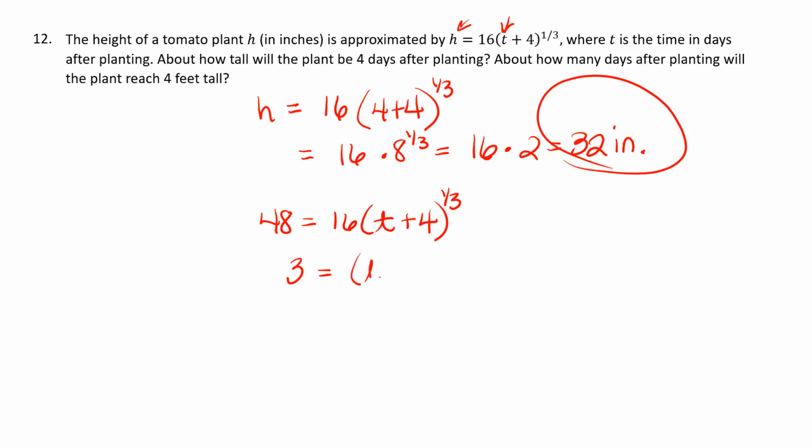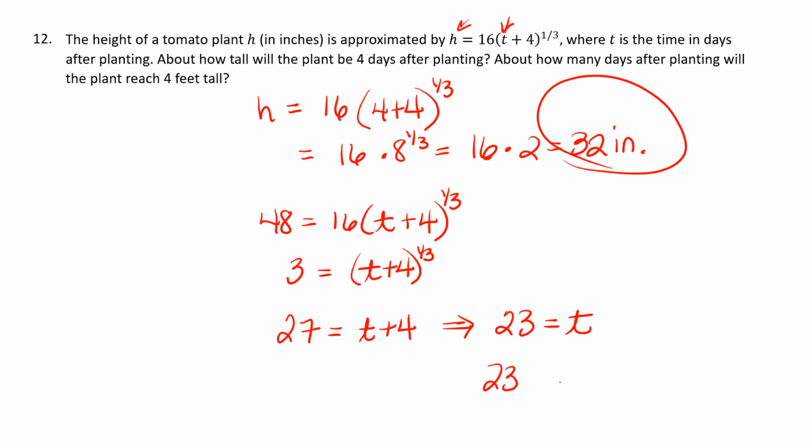So we'll have 3 is equal to T plus 4 to the 1/3 power. Raise both sides to the 3rd power, and you have 3 to the 3rd is 27. That's going to be your T plus 4. And so subtract 4 on both sides, and 23 is T. So it's going to be 23 days for that plant to get that tall.